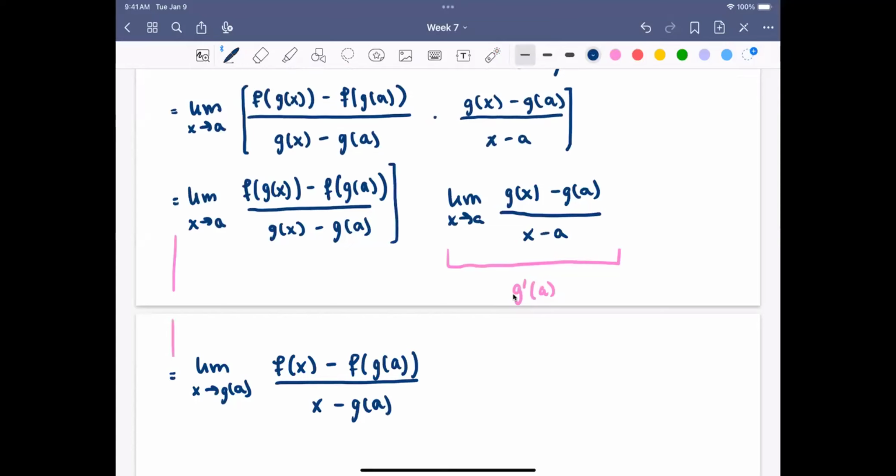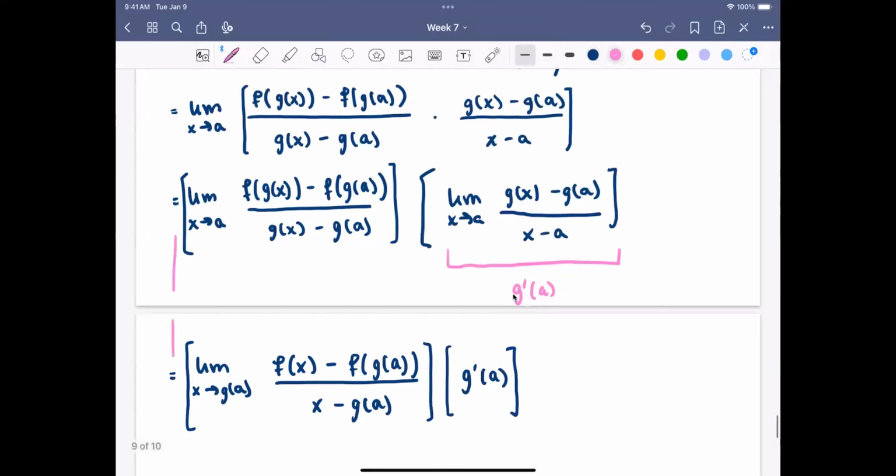Maybe I'll put some parentheses here just to make it clear that we are multiplying these two things. Okay, so this is what we get. So the justification for this step is by the limit composition law.